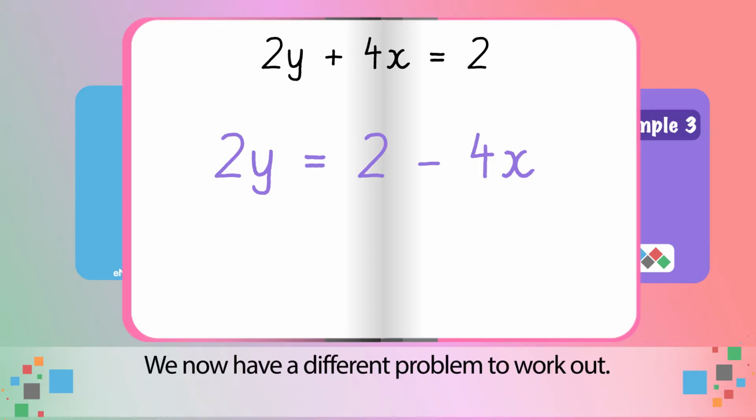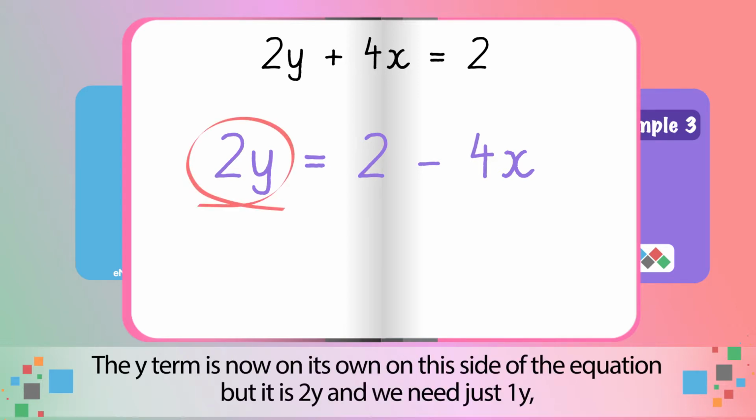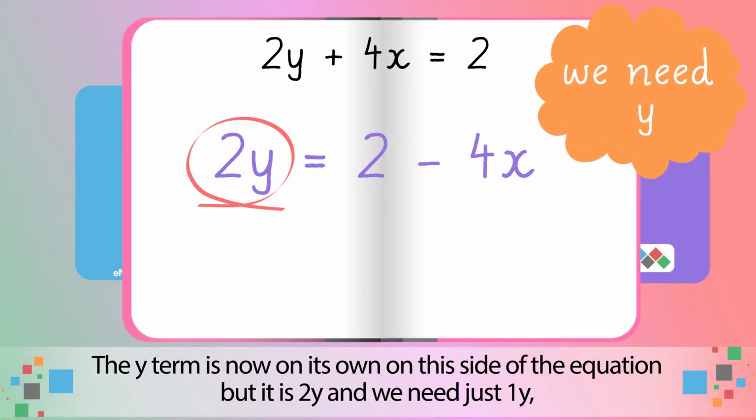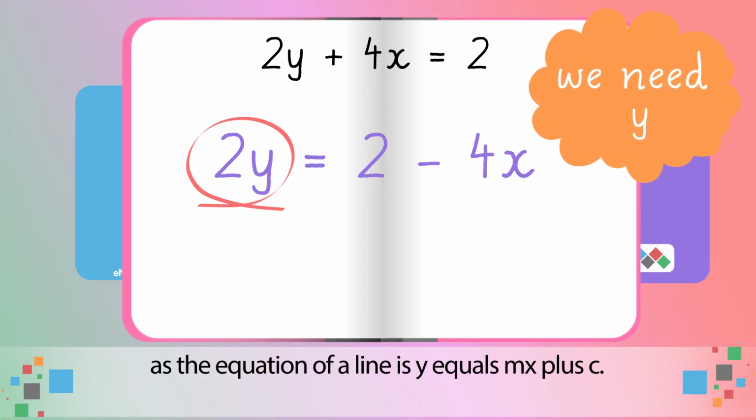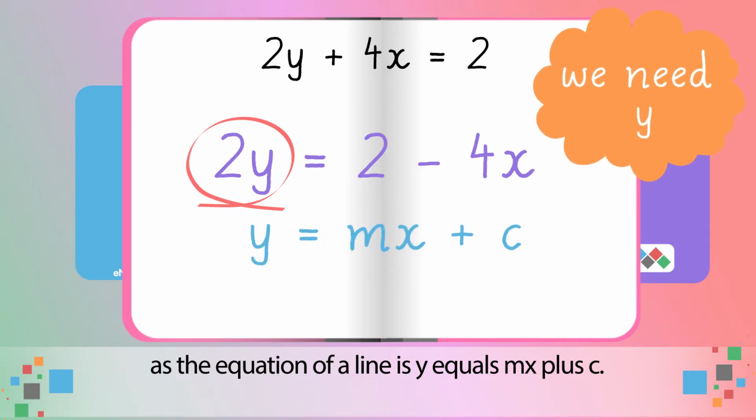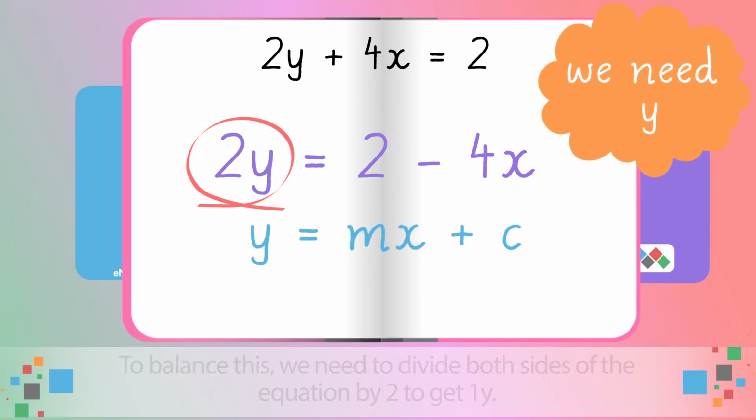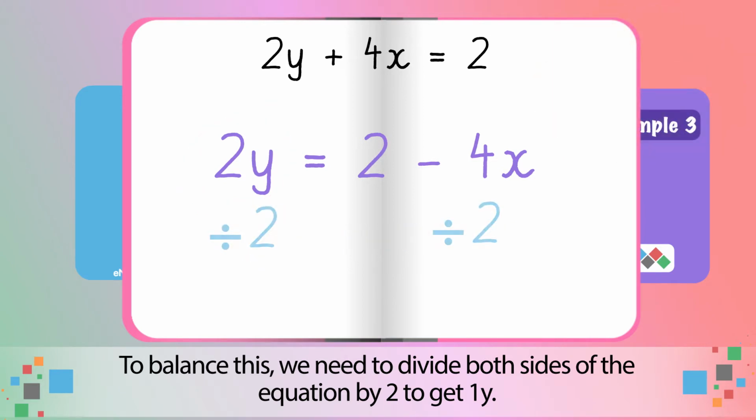We now have a different problem to work out. The y term is now on its own on this side of the equation, but it is 2y, and we need just 1y as the equation of a line is y equals mx plus c. To balance this, we need to divide both sides of the equation by 2 to get 1y.